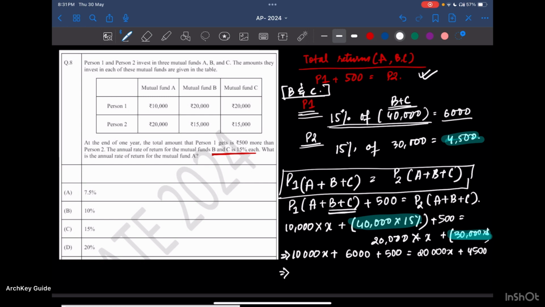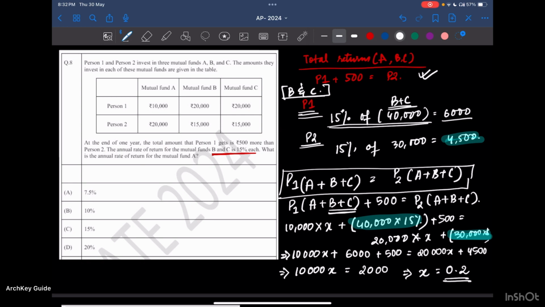So from here, what is the final equation? 10,000 X equals how much is it going to be? 6,500 minus 4,500, 2,000, right? So X would be 0.2. Fine.